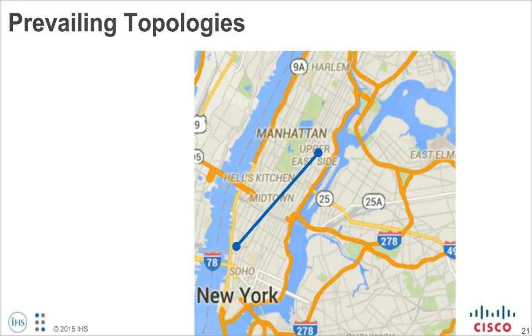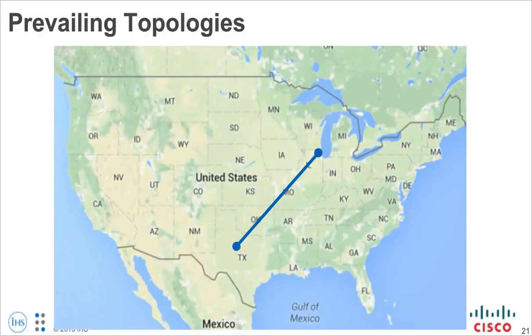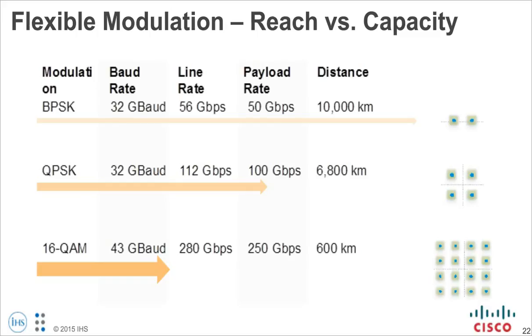We see lots and lots of bandwidth that's very short distance, like the one shown here across Manhattan, or even a link from Dallas to Chicago. The opportunity is really to look at how to trade the distance that you have to go in the network for capacity.